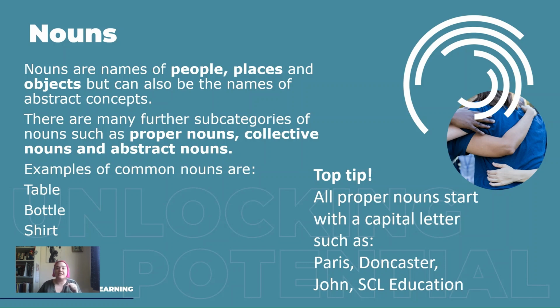Same as, if we look at these examples, place names should always begin with a capital letter and are proper nouns. And then the last example, so we've got places and we've got people, things like companies.